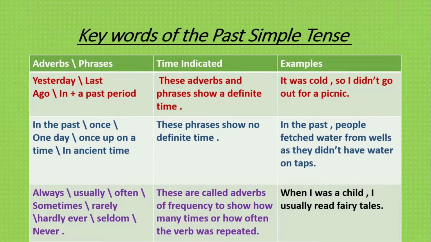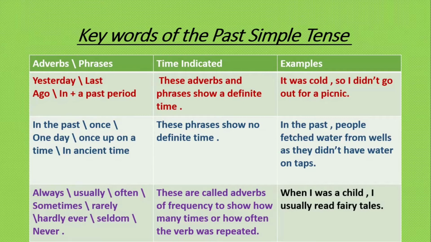For example, in the past, people fetched water from wells, as they didn't have water on taps. Here, in the past means at any point of time in the past, not exactly a time by itself. So this is open past.